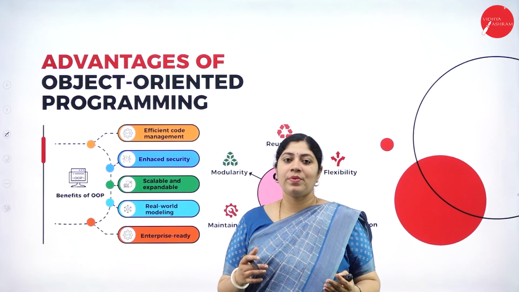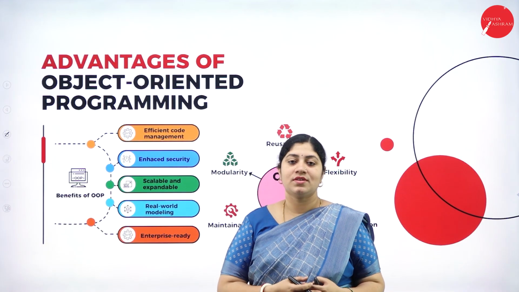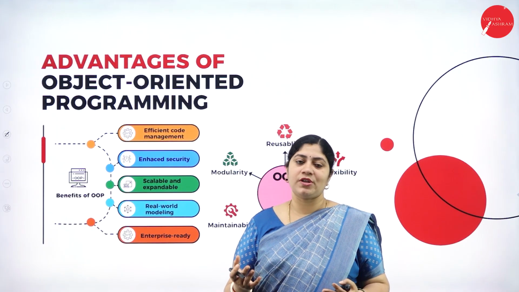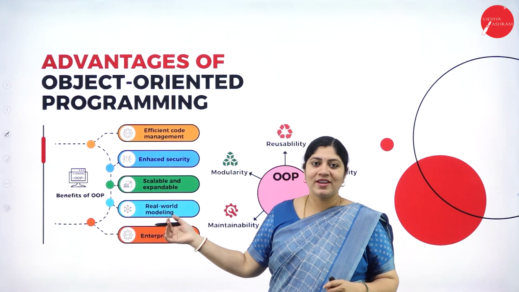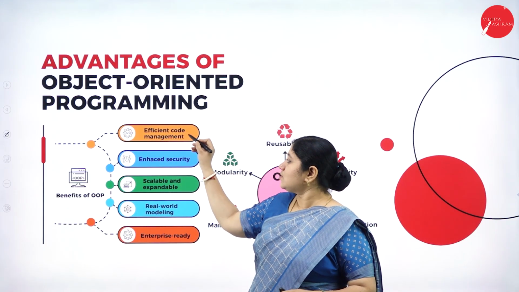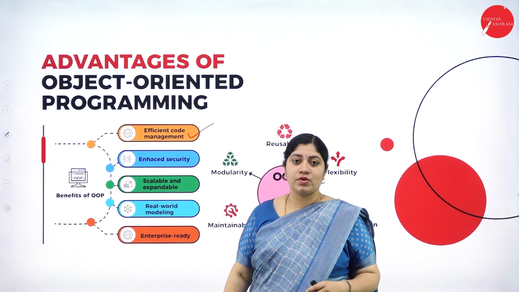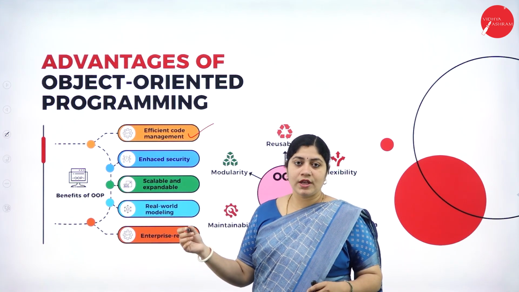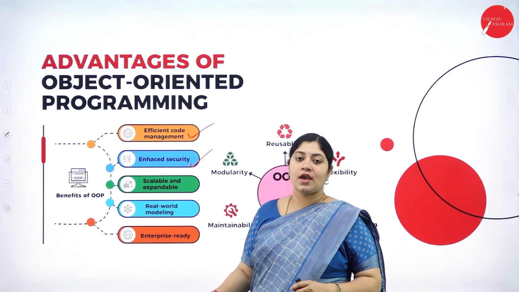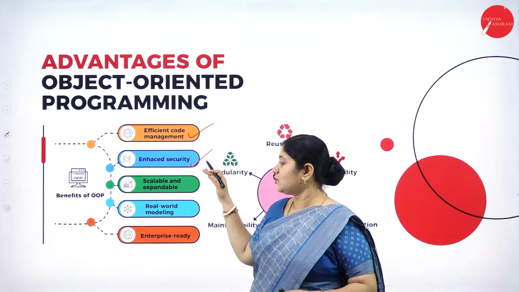As OOP is a complete concept, it has multiple advantages as well as multiple applications. So let's see one by one what are the simple benefits of OOP. By using OOP, we can ensure efficient code management. Next, by OOP, we can ensure and enhance security.